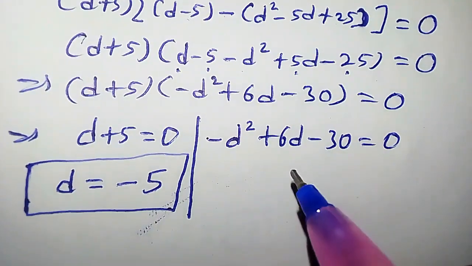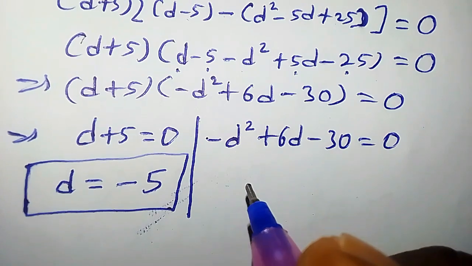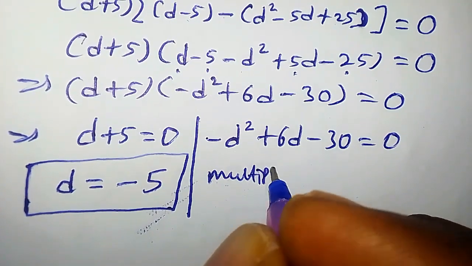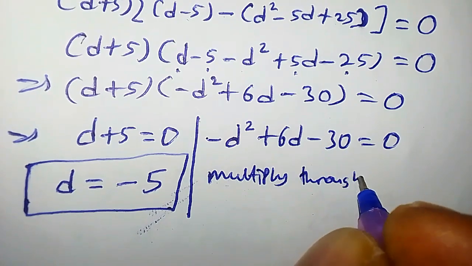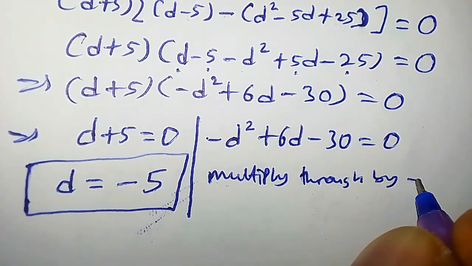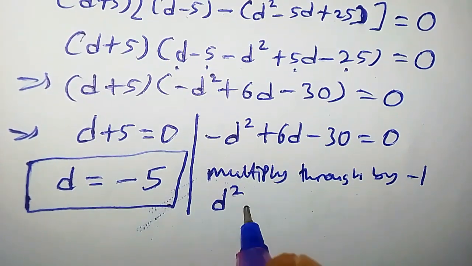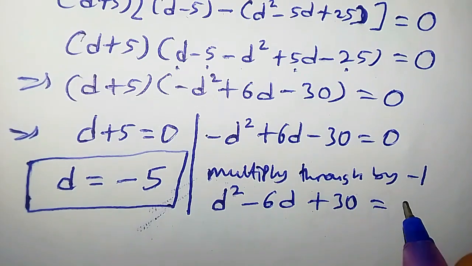Now, let us solve this quadratic equation to get the values of d. But before that, multiply through by minus 1. This becomes d squared minus 6d plus 30 equal to 0.